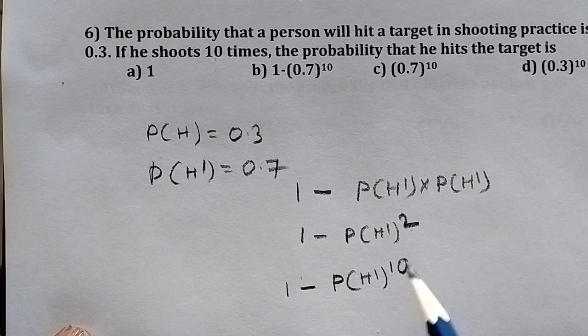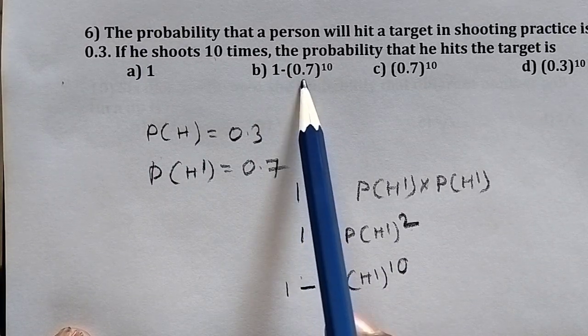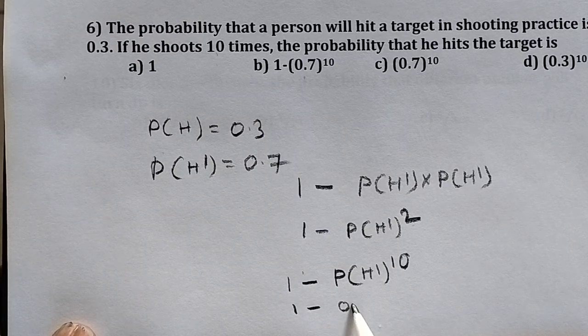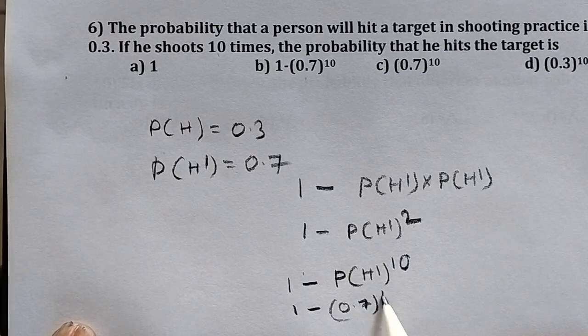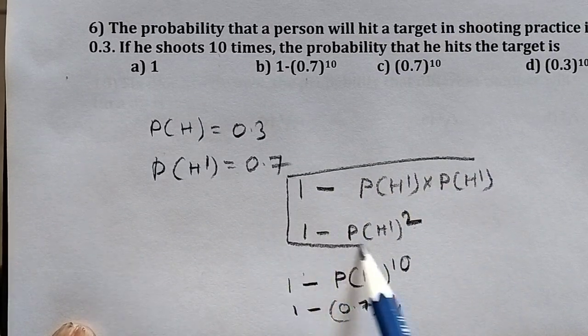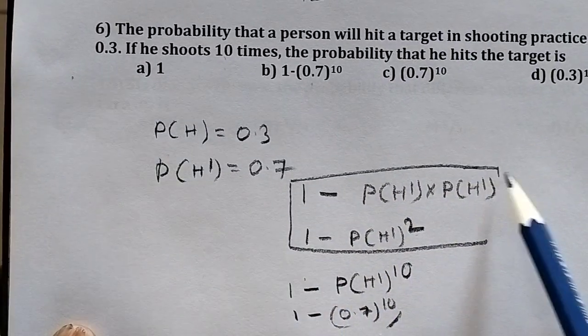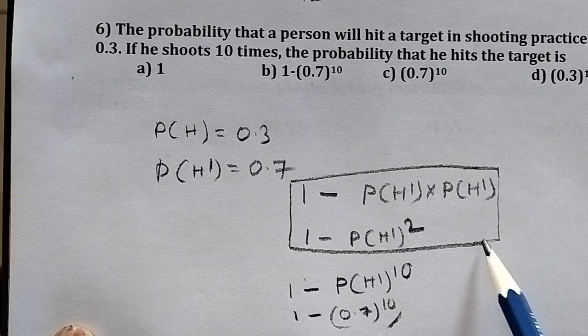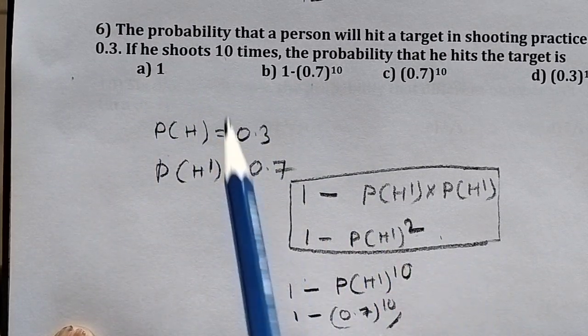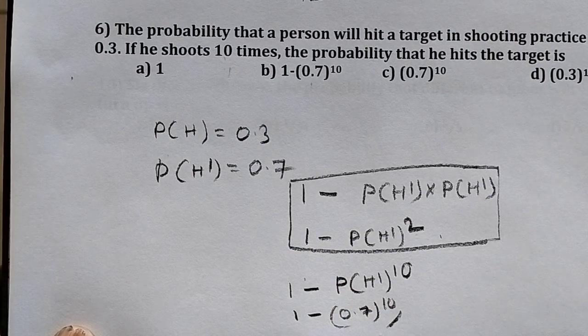So what is P of H dash? 0.7. This result is equal to 1 minus 0.7 whole power 10. So this is an example for trying 2 times. He shoots 2 times, this is the result. If he shoots 10 times, this is the result.